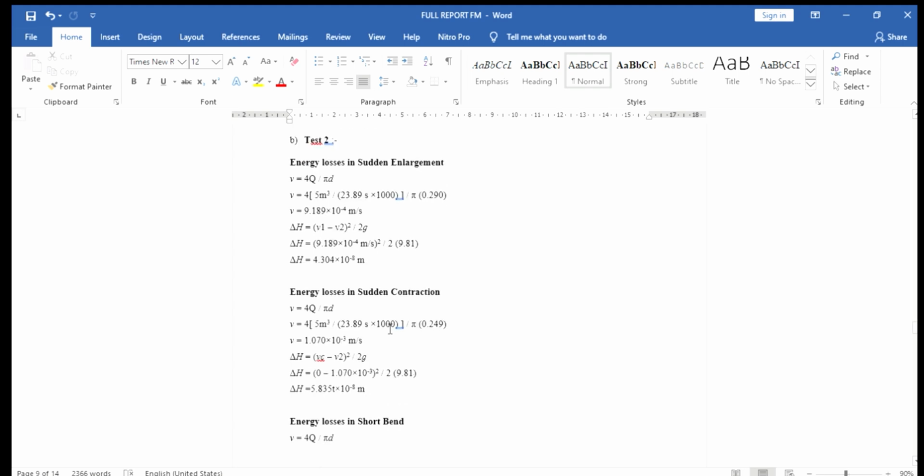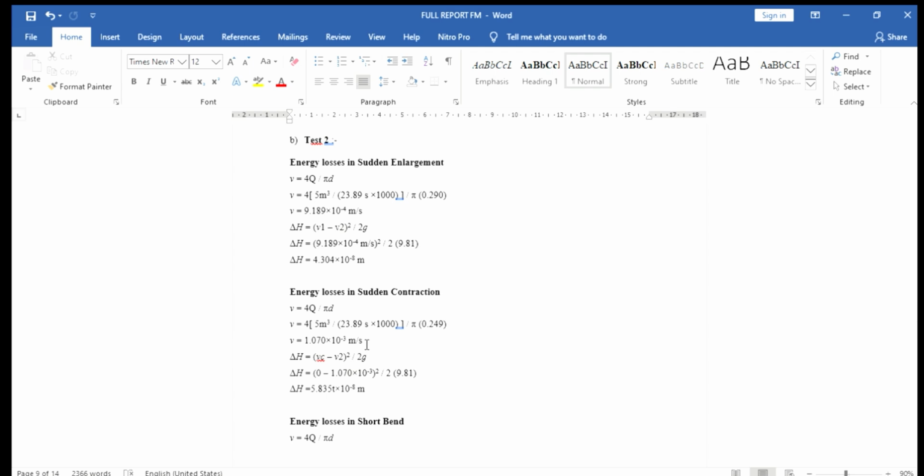And for energy loss in sudden contraction, V equal to 4Q per pi D squared. It is the same but with a different time taken. So we just replace the time for the flow rate and then recalculate everything.